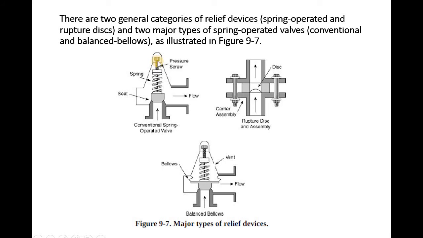You can tighten to make this spring even harder, and making it harder is like you're increasing that overpressure limit. I mean the set pressure. You're increasing the set pressure, the pressure at which this will open. Which means that when you increase it, that means you need more pressure here to open it.